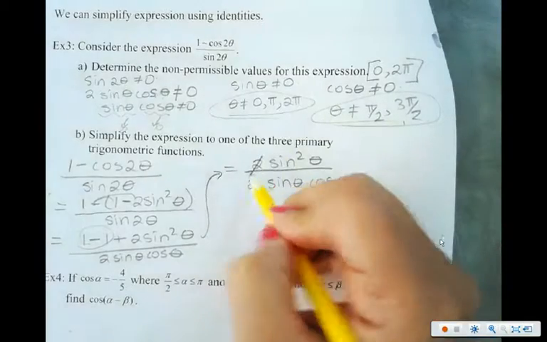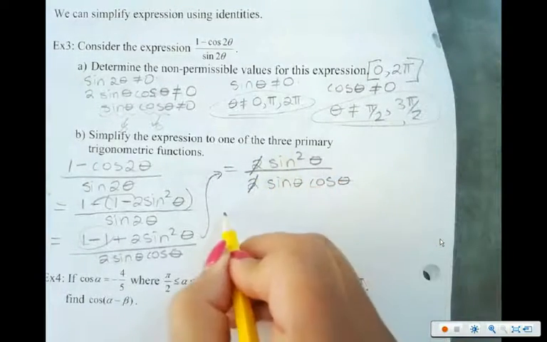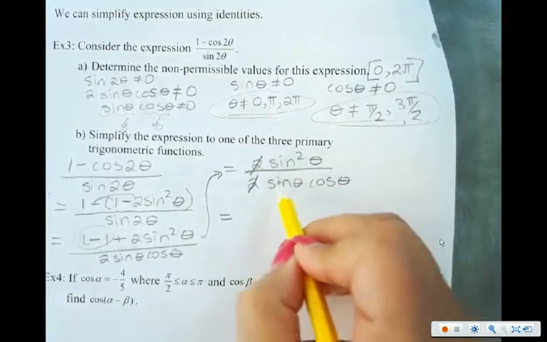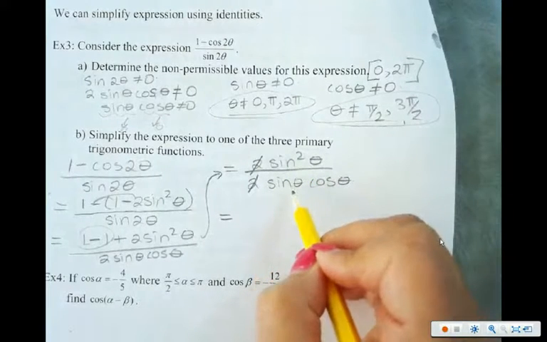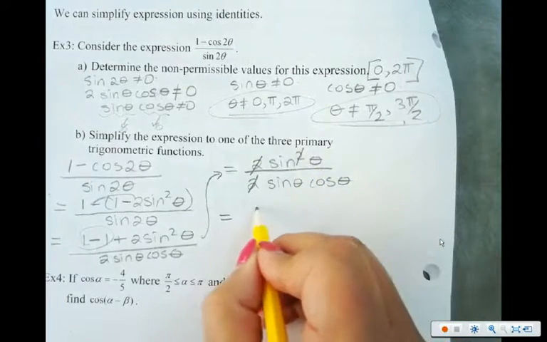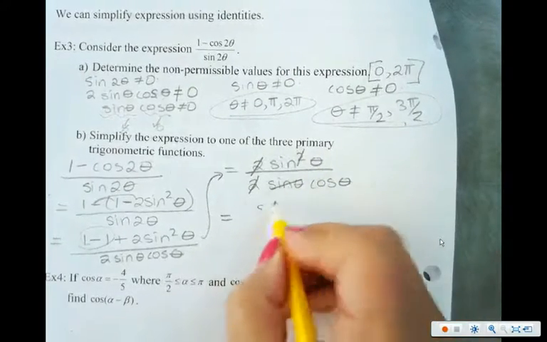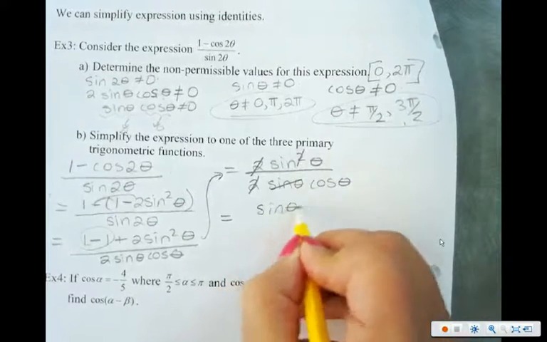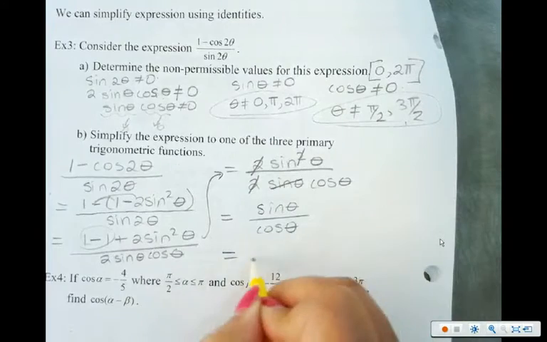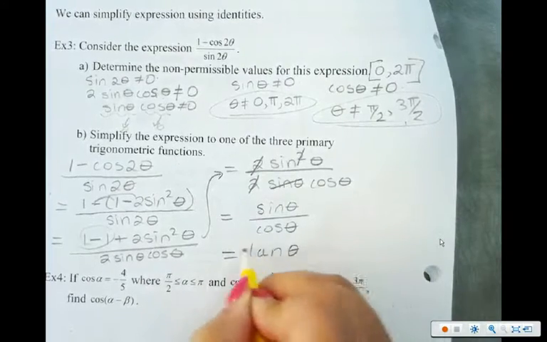So this 2 and this 2 reduce to 1. Then I've got a sine squared on the top and a sine in the denominator, so one of them cancels out on the top. Then I'm left with sine theta over cos theta, which equals tan theta.